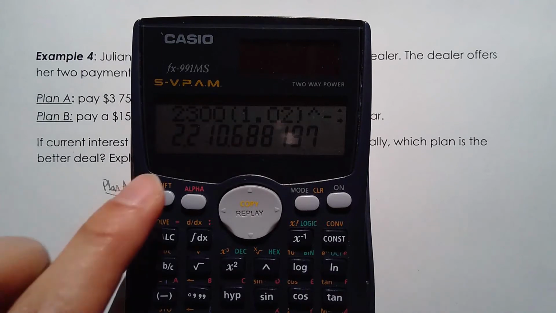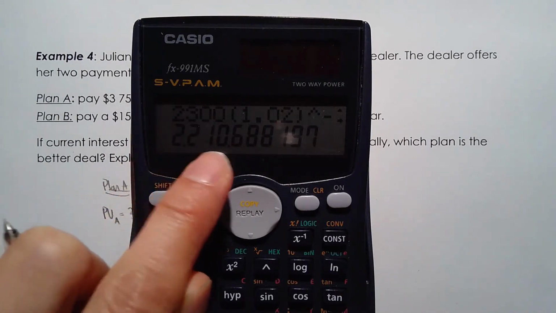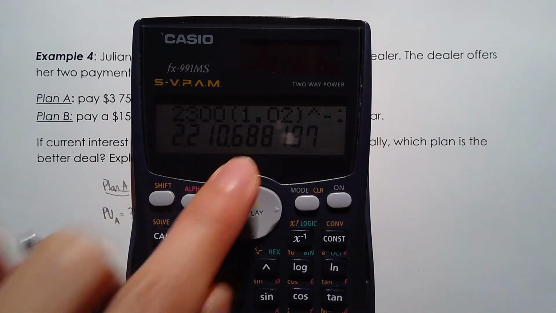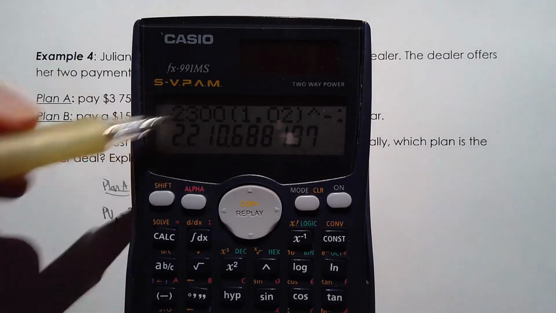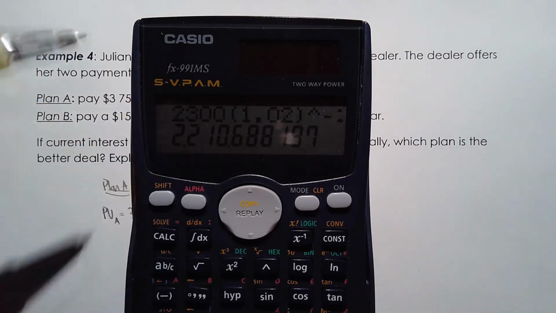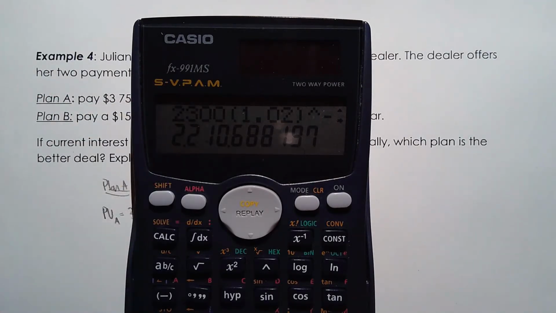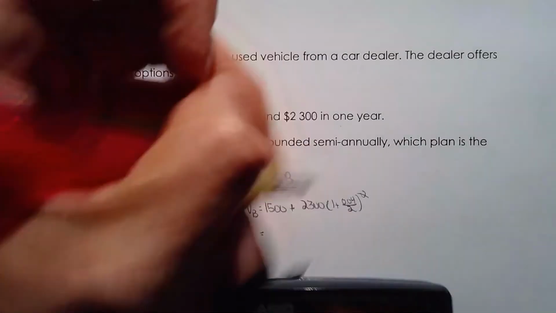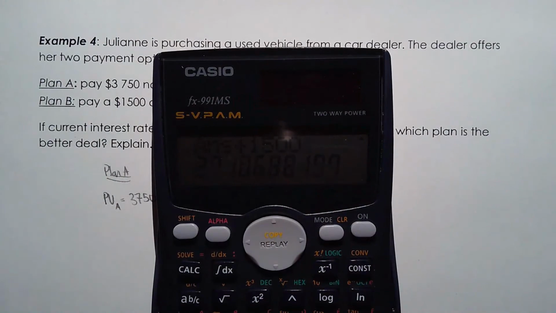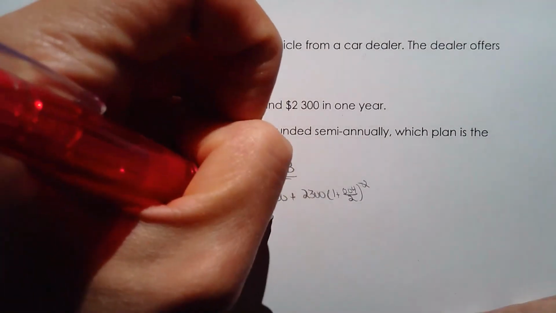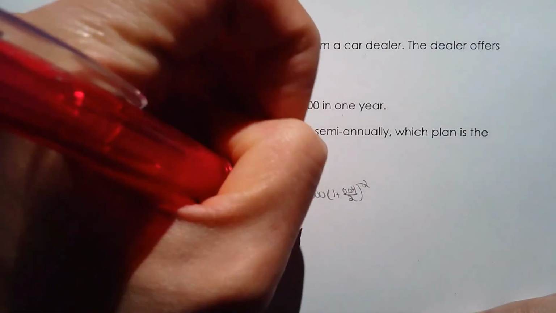It's actually, you need $2,210.69 right now to build up to the $2,300. That's the benefit of holding on to your money. You can let it grow into the amount that you want in the future. So, if you take this present value and you add 1,500, you get 3,700.